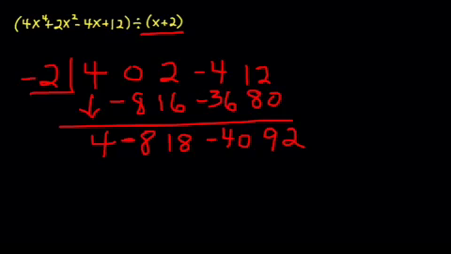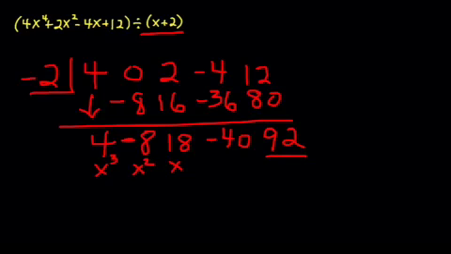Remember here that 92 is our remainder this time. That means that negative 40 is our constant. That's our coefficient for x, x squared, and x to the third.